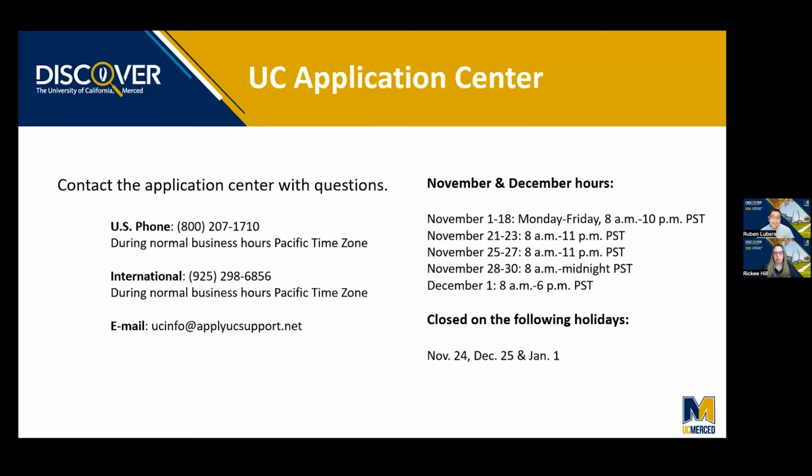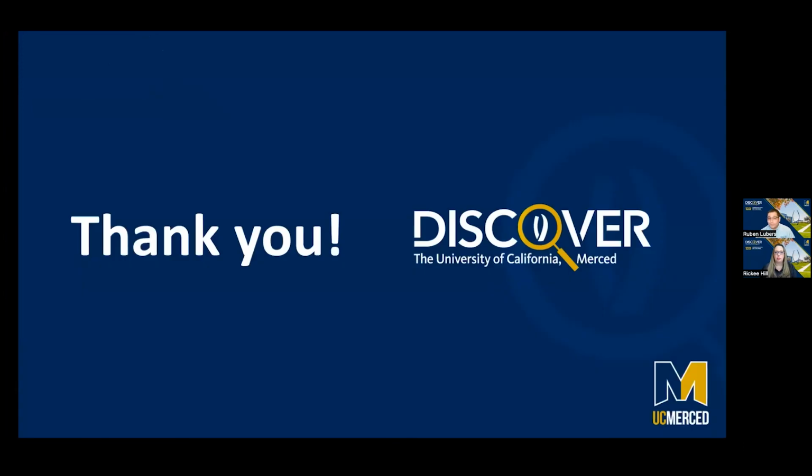We're not looking at the major when we're selecting if we want to admit you or not. We do admit you to the major that you've chosen, but we don't look at it when deciding things. So at Merced, any major you choose gives you the same chance of being admitted. But I do know at other campuses that may not be exactly the same.